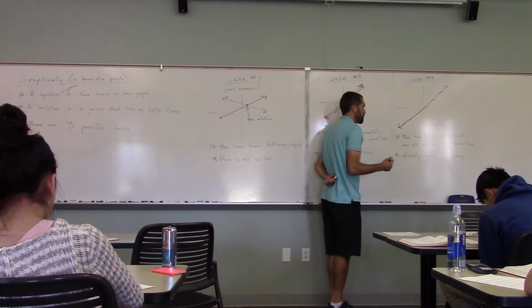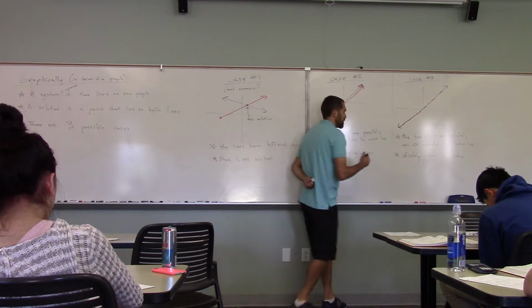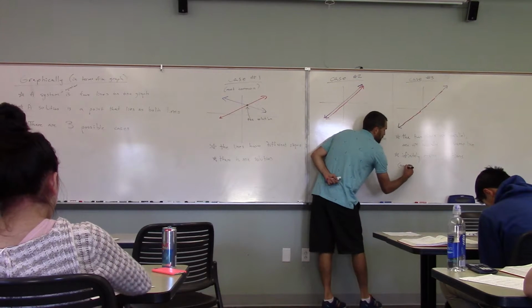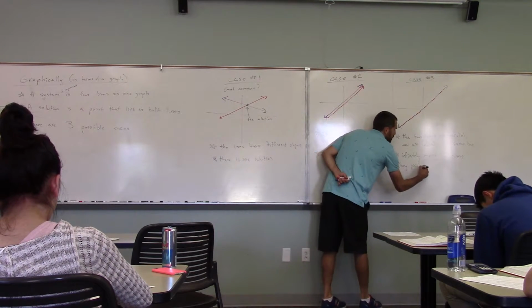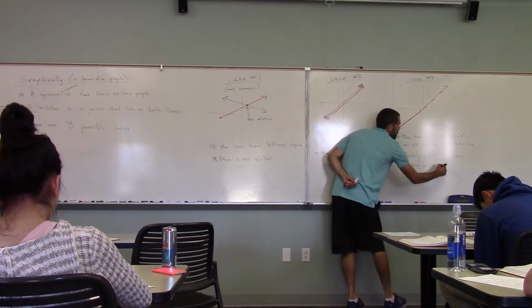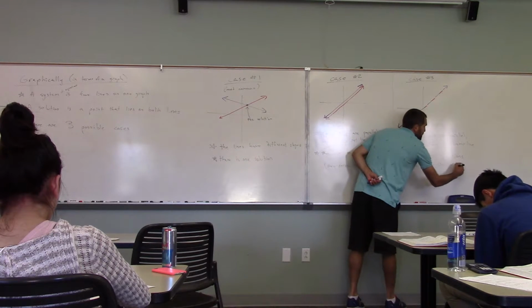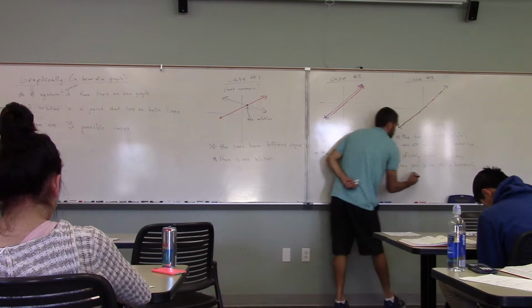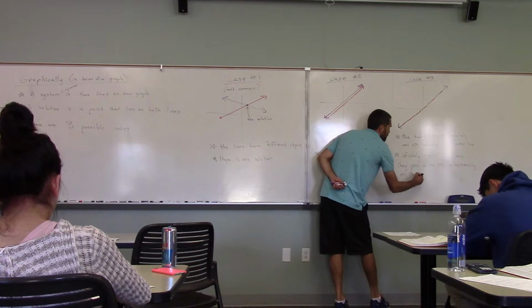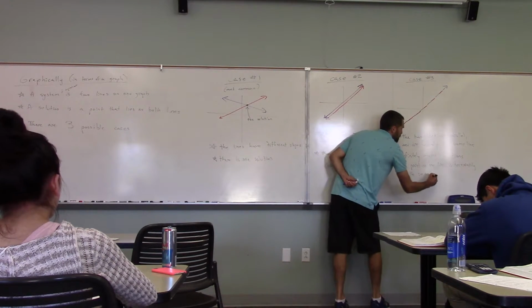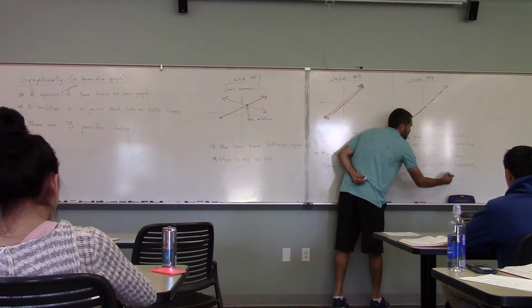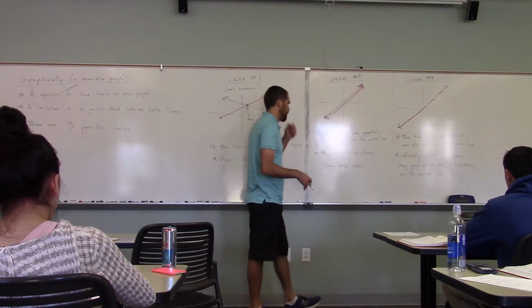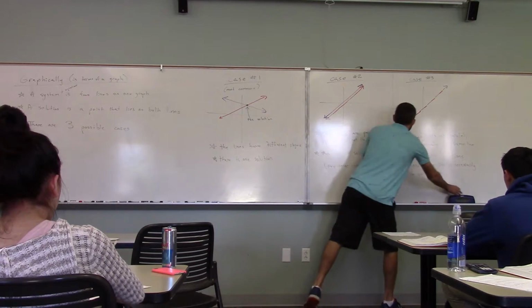And I'm going to write in parentheses really quick. I know this is kind of low, so maybe not everybody can see. Any point on one line is necessarily on the second line. Okay, so that's part 1. Part 2, I'll write up here because it's harder to express down there.